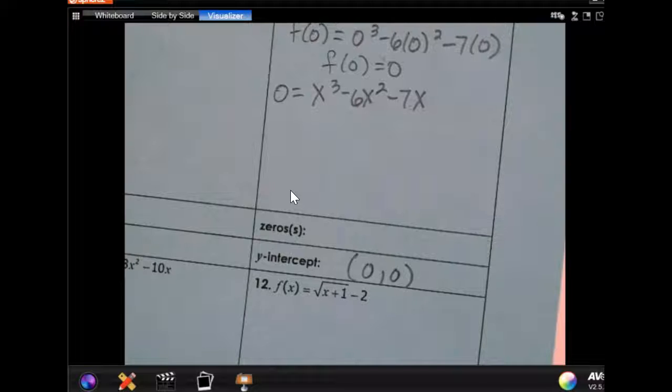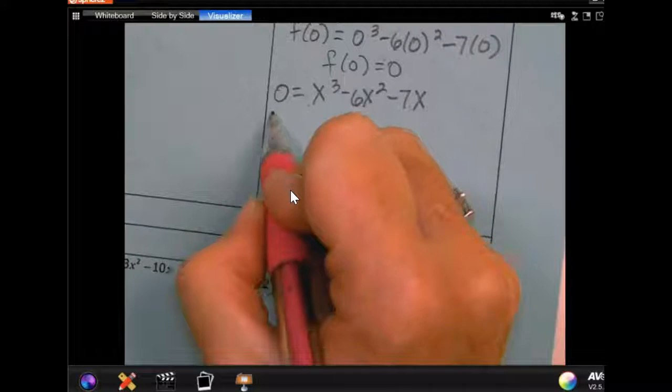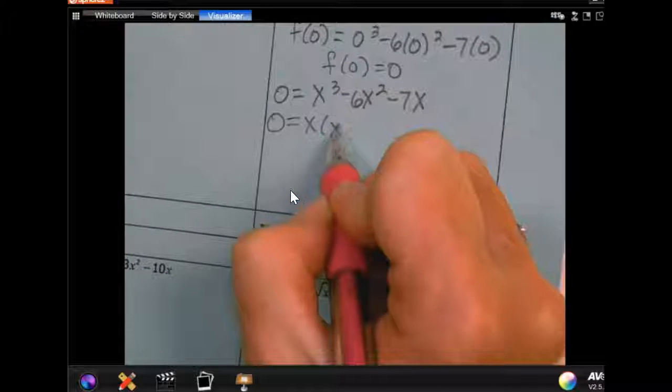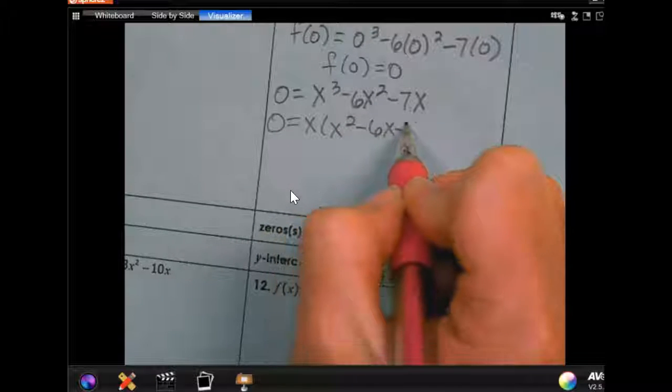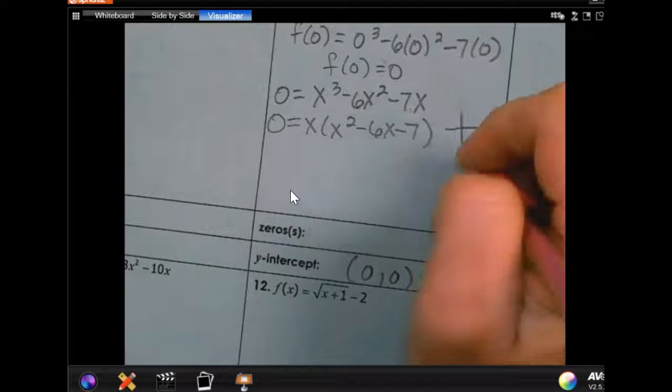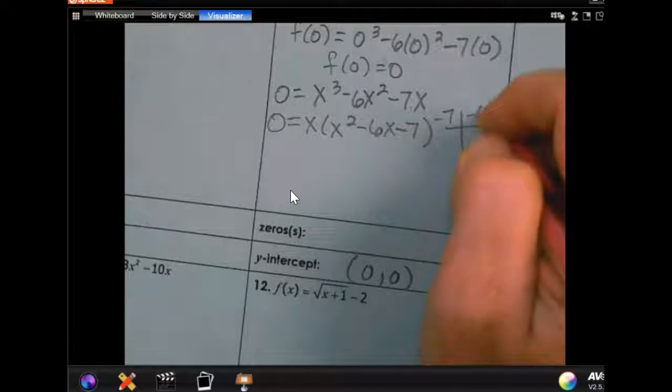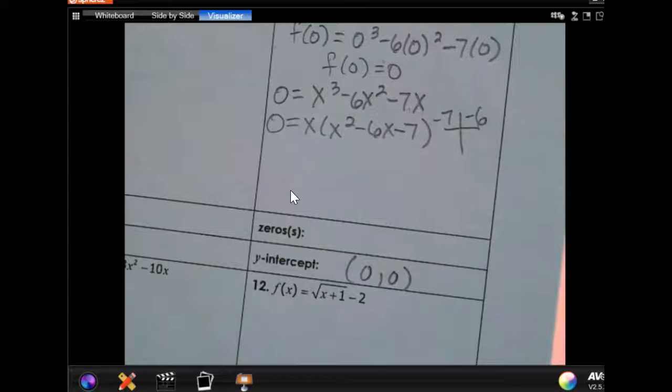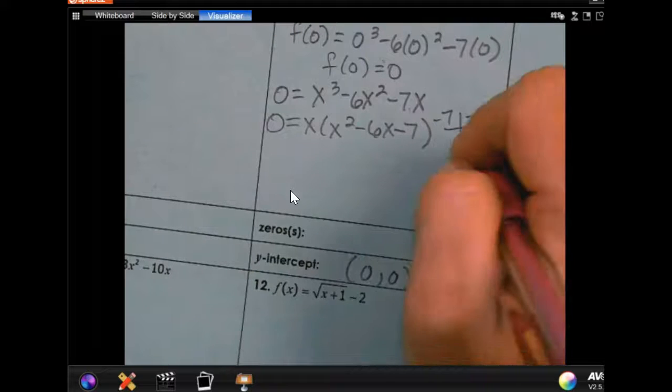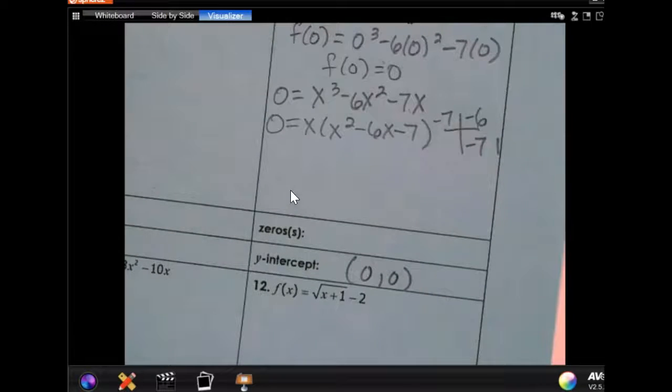Okay, can I factor it if I have an x to the third? I have to factor out an x to start, right? So when I do that, my a times c is negative 7 and negative 6. And that's going to give me negative 7 and 1.